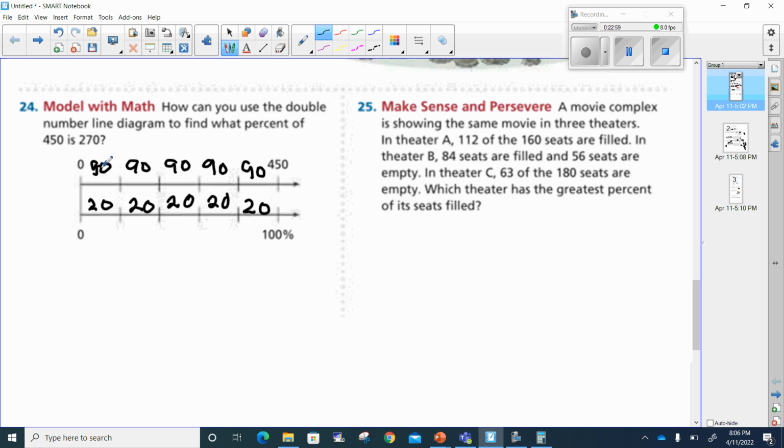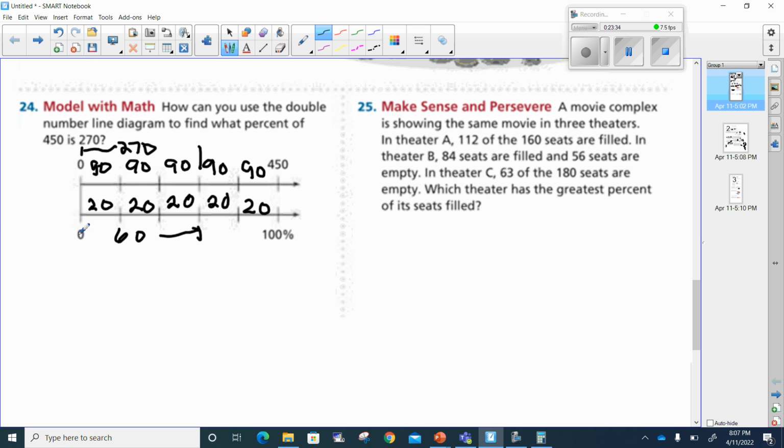So what we're going to do here is count up how much is 270. I know 9 times 3 is 27, so that means 90 times 3 will be 270. All right from here to here is 270. And if we come down here, then that means 20, 40, 60 will be from here to here.